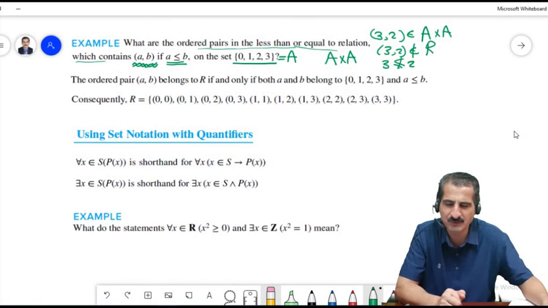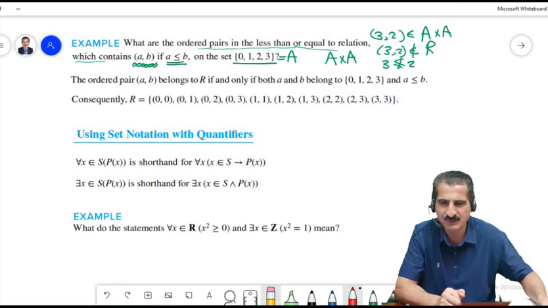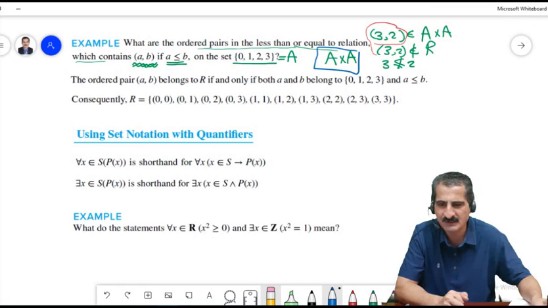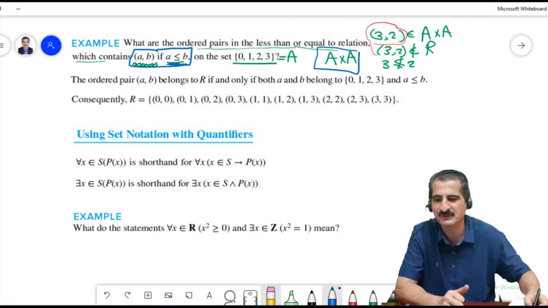So we will not choose this ordered pair in our relation. The relation will consist of all elements of A cross A such that the first coordinate is less than or equal to the second coordinate.